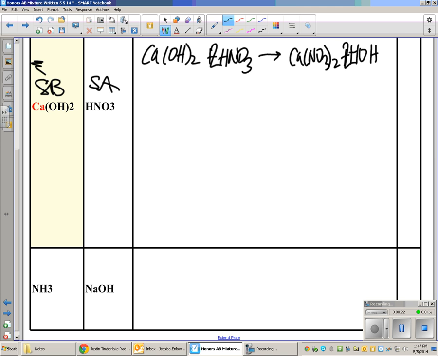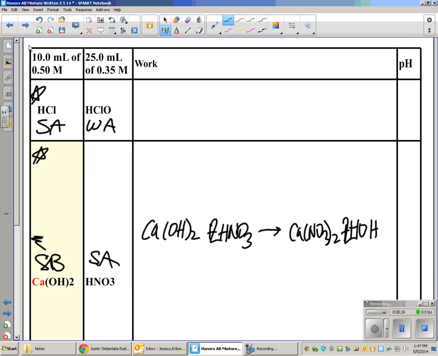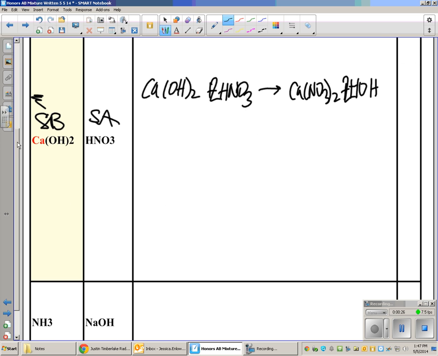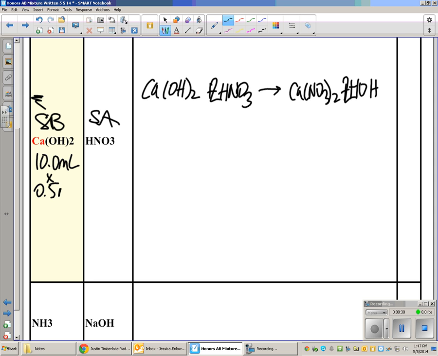When you take your values, what are they? 10 milliliters times 0.5 molar gives you 5 millimoles of this one.